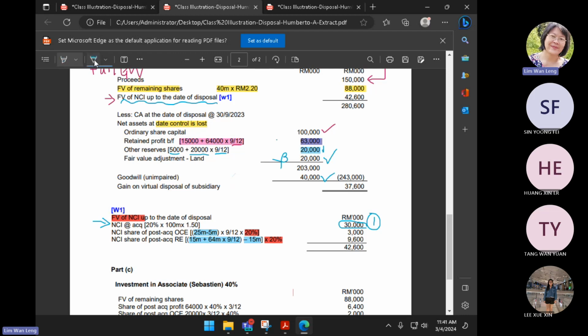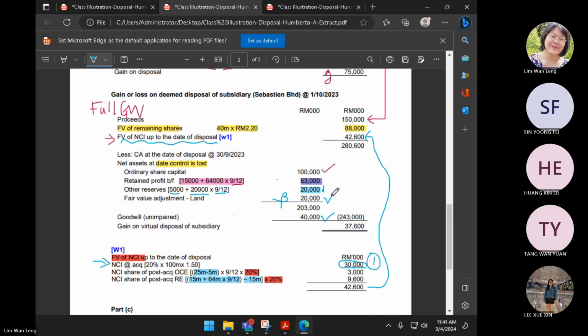So once you get that, what's going to happen? You're going to bring this 42,600 and put into the tabulation. So now you can see the whole thing. You have the proceeds, the remaining interest as an associate remeasured to fair value, the fair value of the NCI up to the date of disposal.